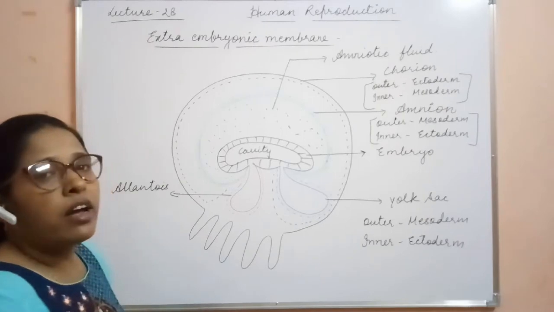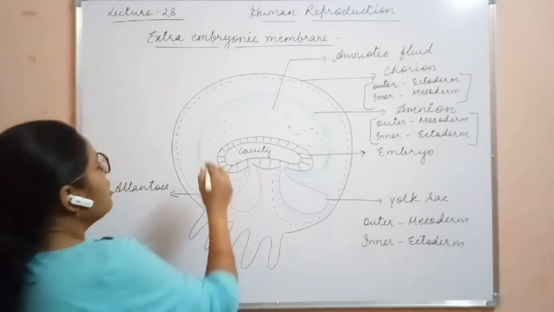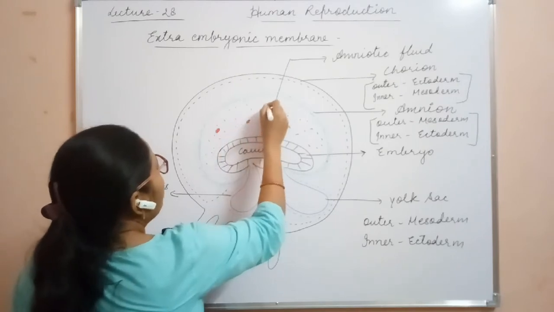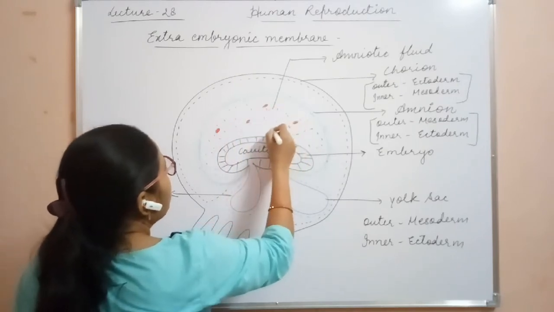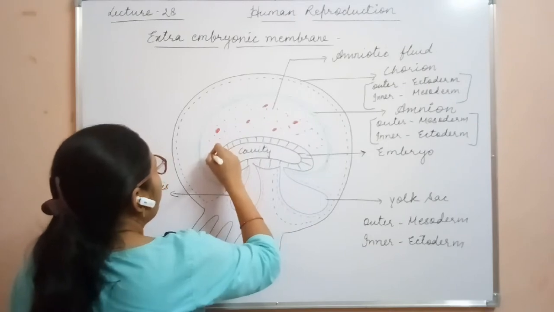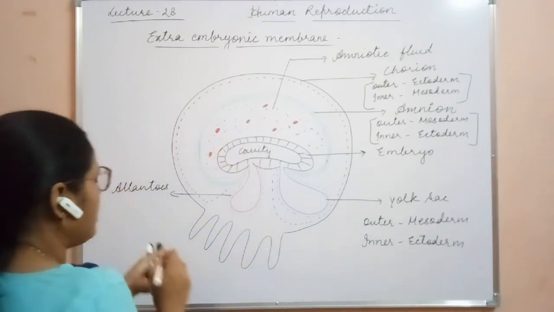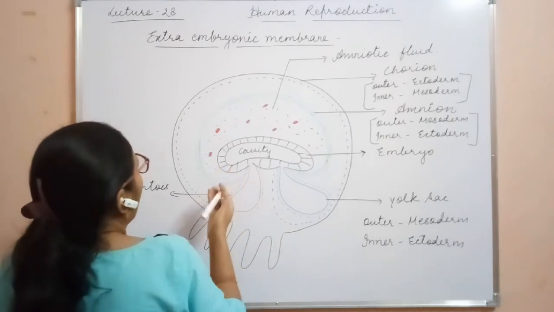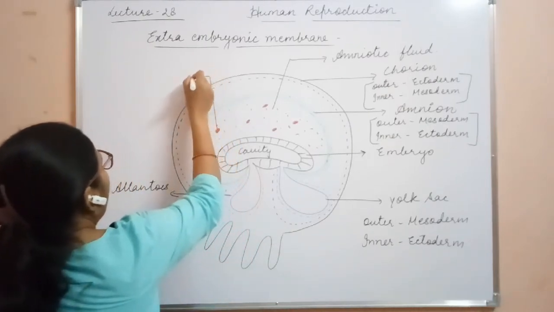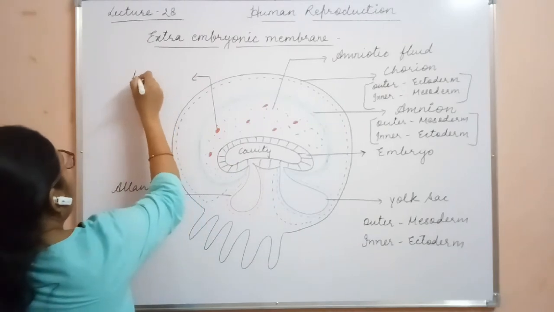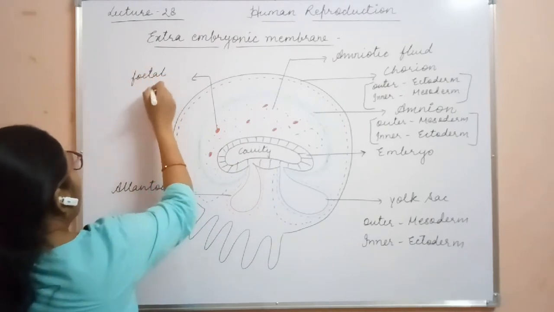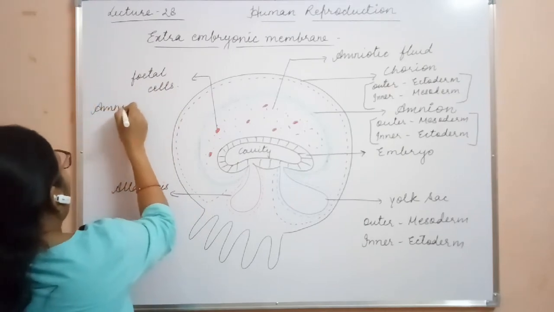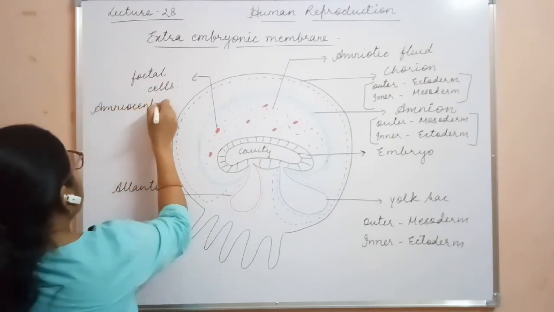In amniotic fluid, some fetal cells are also present. These fetal cells are helpful in the diagnosis of any defect in the fetus. These fetal cells are used in the technique of amniocentesis.